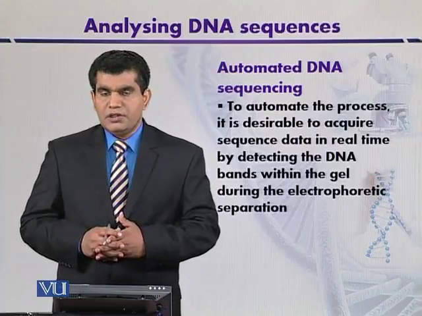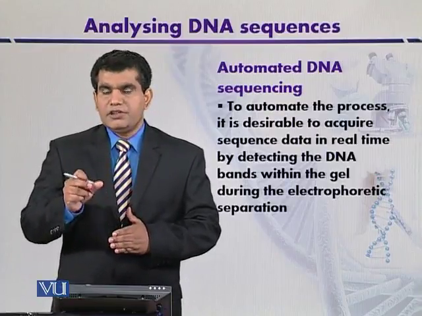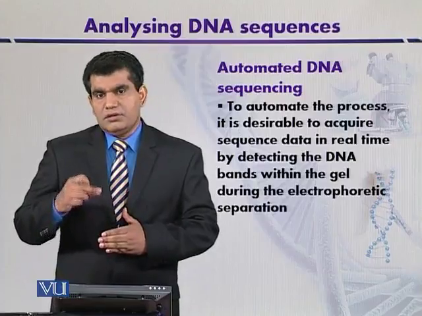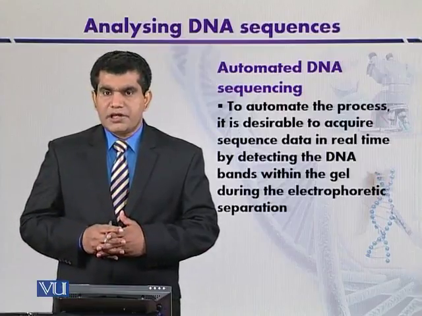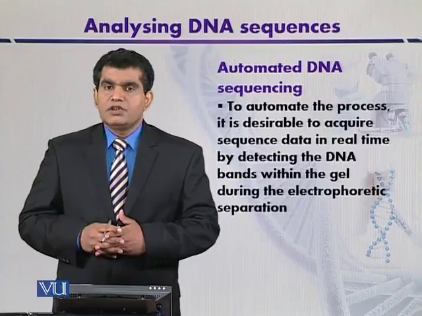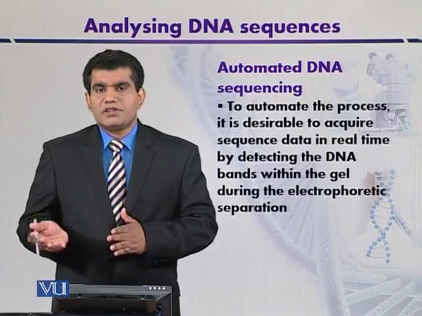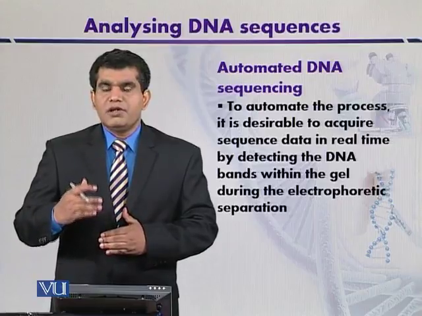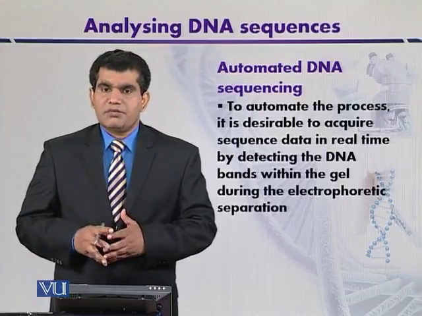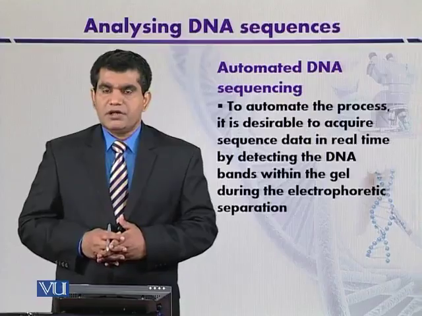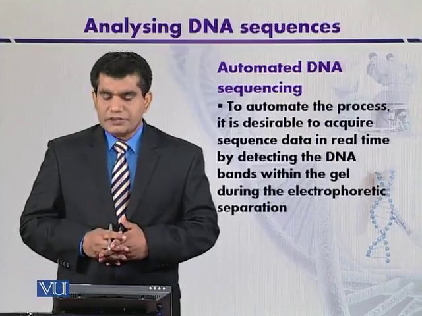So in this way, by running within a single lane, the fragments can be detected. Different lanes may contain different samples, so more samples can be run within a single slab of the gel. This is one of the advantages of automated sequencing.